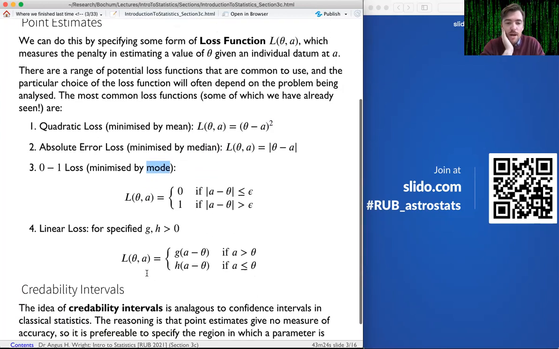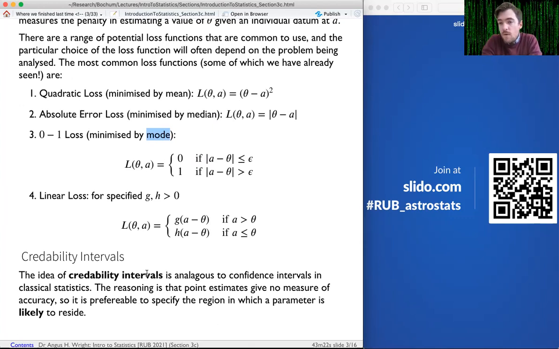So we spoke about point estimates, and we also spoke about how having a particular single value of a parameter is not necessarily the best way to describe your parameter inference, because generally you want to know the range of values that your parameter of interest might be able to have.